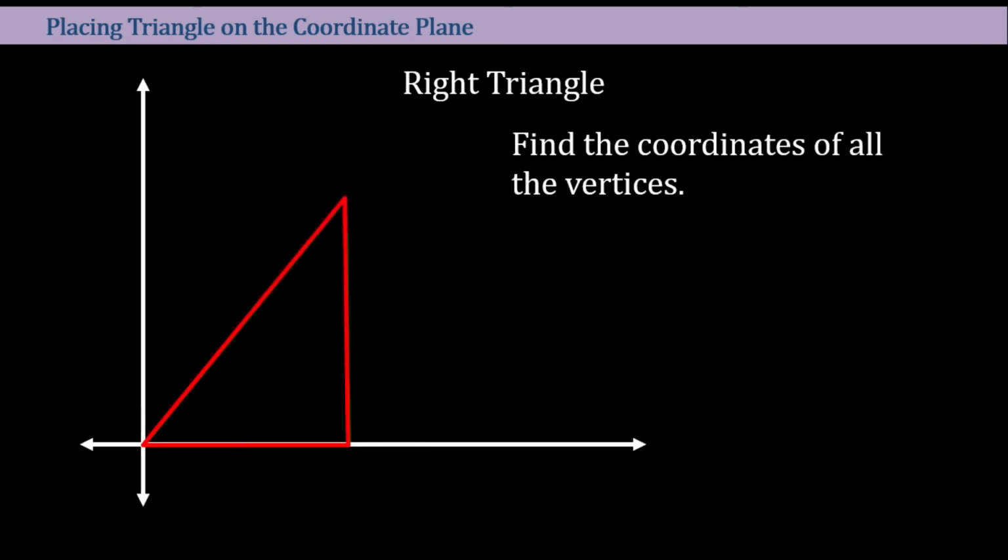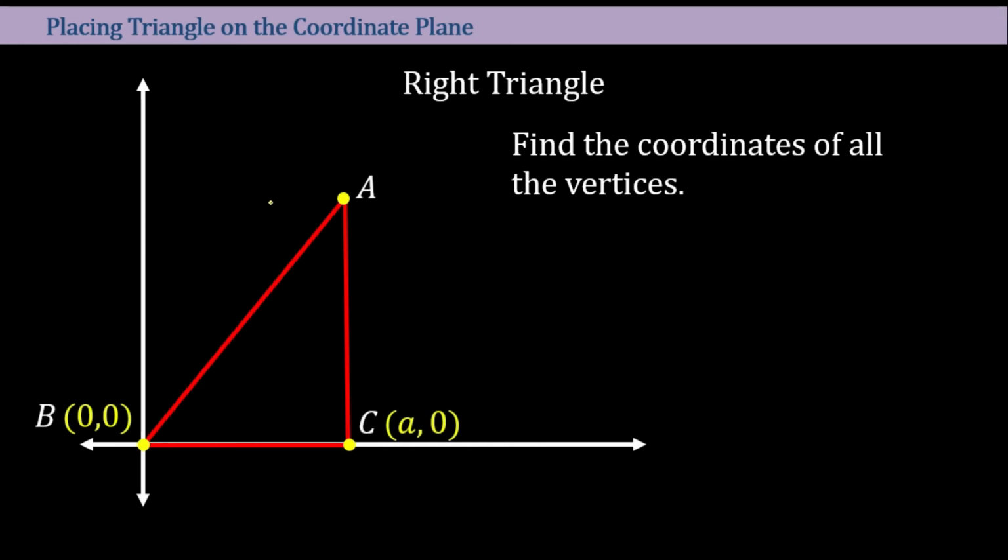Again, the guidelines say that at least one side is placed on the coordinate axis. So meaning a right triangle could be placed like this. But the question is, will this be a right triangle? So let's try to solve it once again. 0, 0.